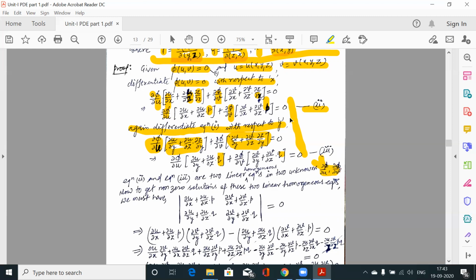These are homogeneous because the right hand sides of both equations are 0.